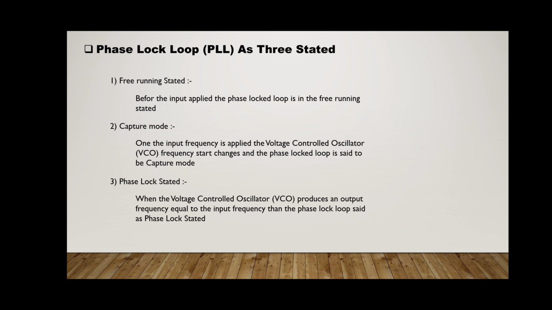First is the free running stage. Before any input is applied to the phase lock loop, it is in the free running stage, meaning whenever we do not apply any input, that stage is called the free running stage.